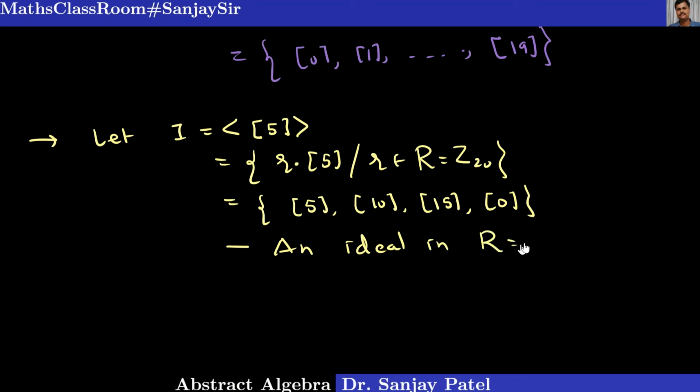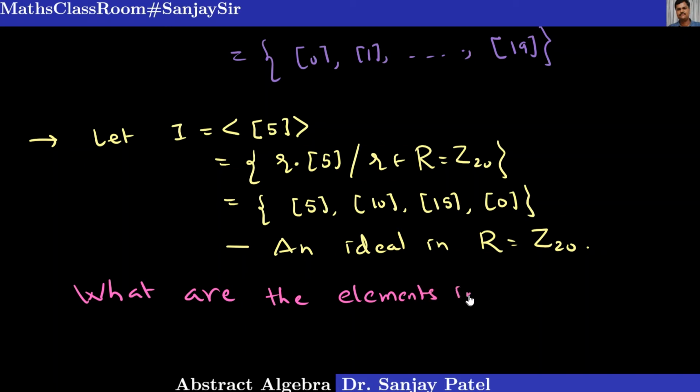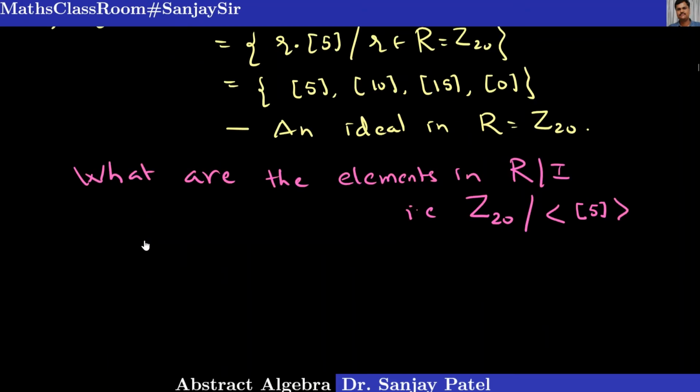So this is an ideal in the ring R, which is Z20. What we want to find is the elements of the ring R mod I. My question is, what are the elements in R mod I? That is, in our case, Z20 mod the ideal generated by class 5. So this is our main question of interest.